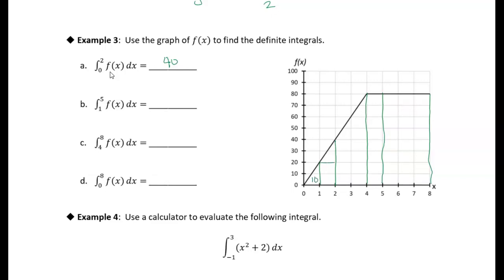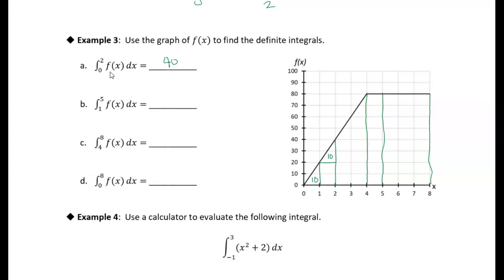So this area is 10, 1/2 base times height. Here I could actually block this off, because I know this is 20 units high and 1 unit wide, so this represents 10. You can see that each one of these grid rectangles, it's not really a square in this case, has a value of 10, right?